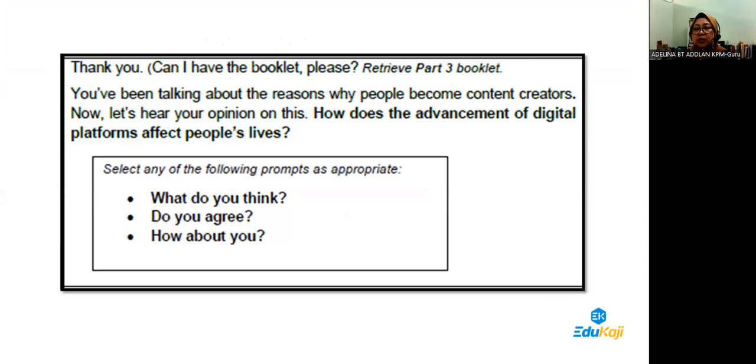Usually when students have done the discussion part, they have completed the 4 to 5 minutes, you'll be given another question to be answered, and we are not looking for an exact answer, but as long as it has some relation to the question that we are asking, then it is considered correct.